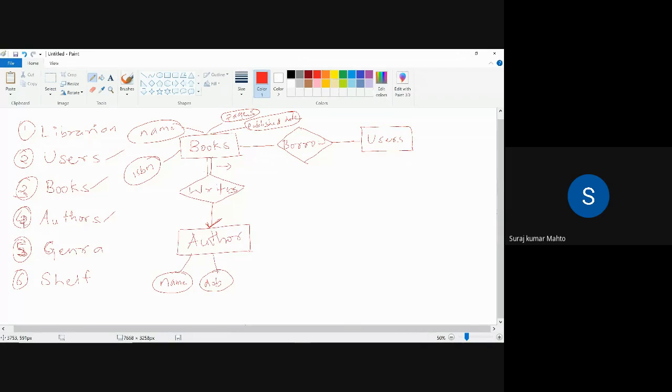So a user may be borrowing a book or he may not be borrowing a book at all. So then you don't have a total participation. And it is not a one to many mapping also. Right? At different points in time, different users can borrow different books, no?